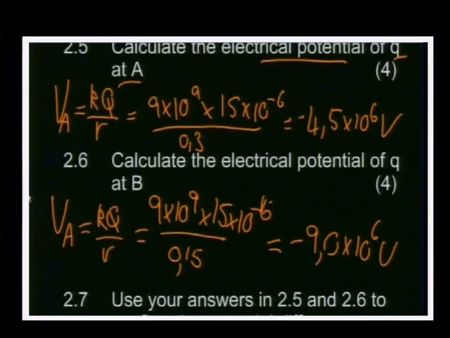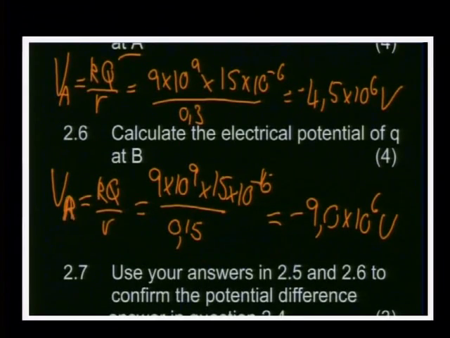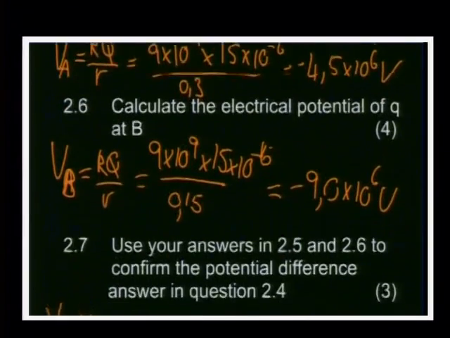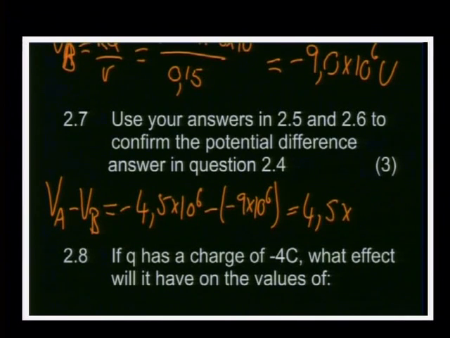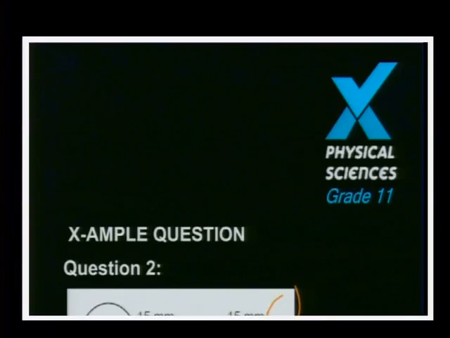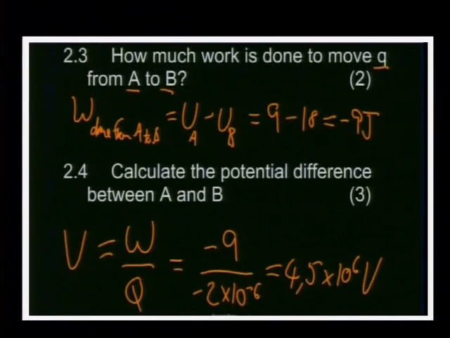VA was minus 4 comma 5 times 10 to the 6. And then we're going to subtract minus 9 times 10 to the 6. If you do that, you get an answer of 4 comma 5 times 10 to the 6 volts, which was exactly what we got over here.